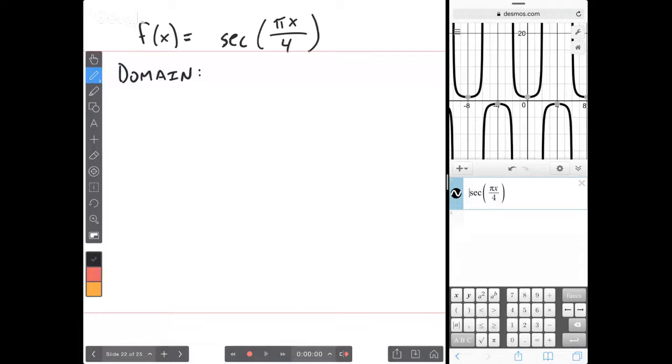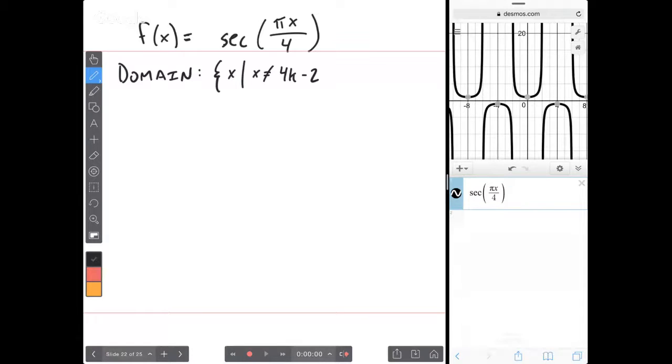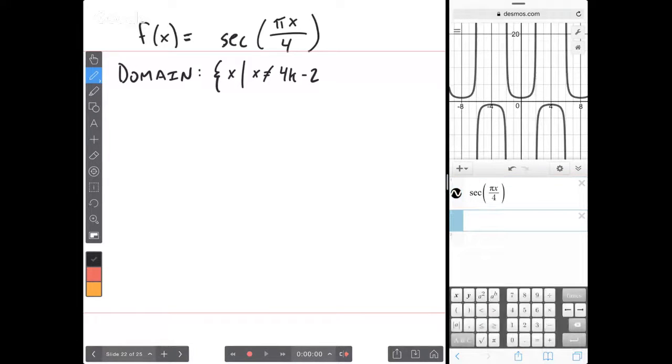Domain is still the same though. It's x such that x does not equal every 4k minus 2. Right, we have an asymptote here at x equals 2. Another one at, shoot. Why do I keep doing that?